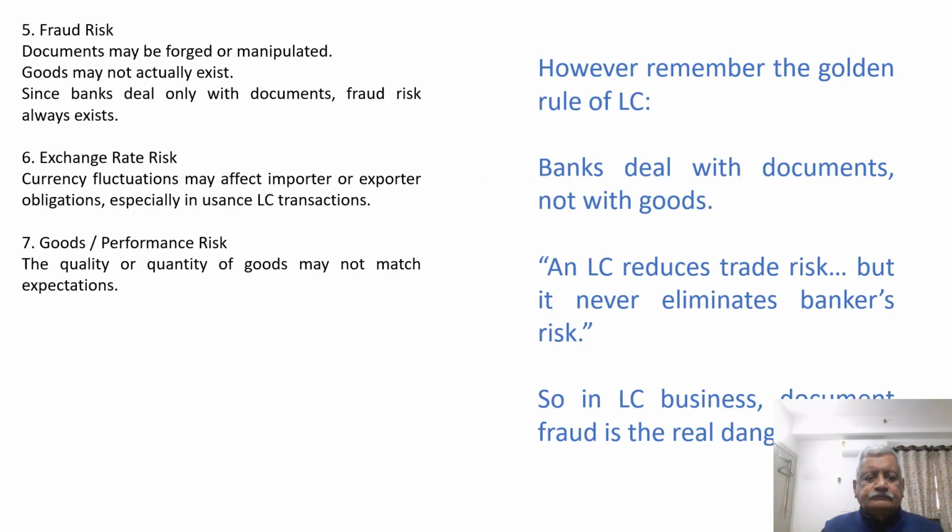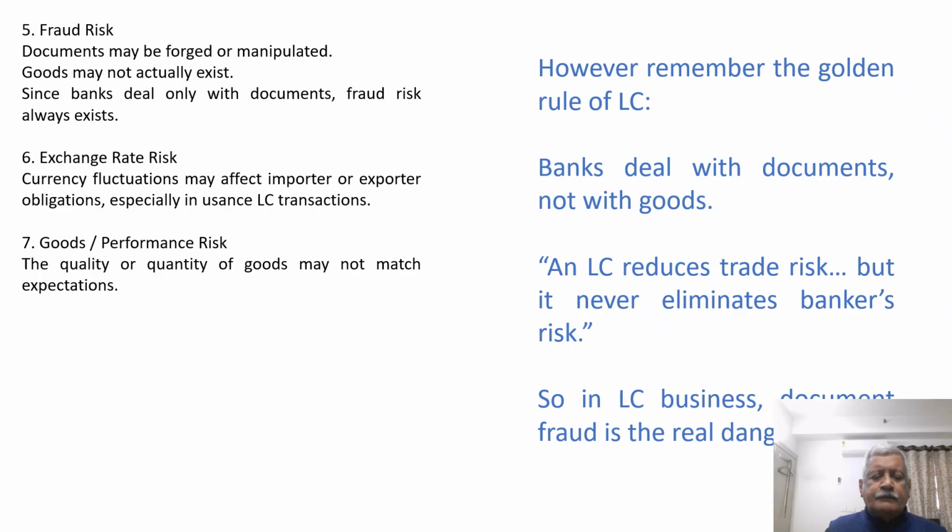5. Fraud risk. Documents may be forged or manipulated. Goods may not actually exist. Since banks deal only with the document, fraud risk always exists. 6. Exchange rate risk. Currency fluctuations may affect importer or exporter obligations, especially in usance LC transactions. 7.